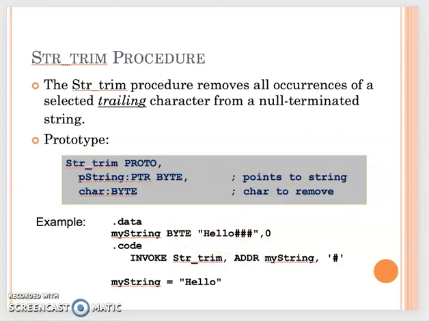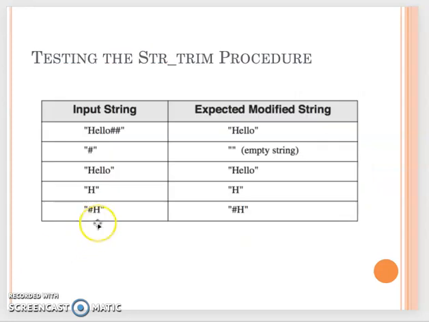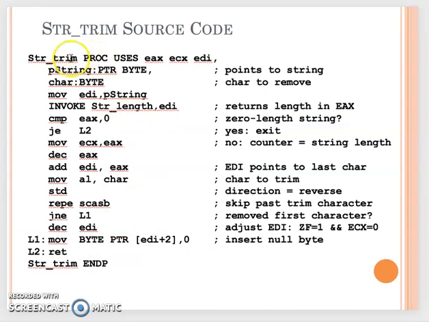Okay, sounds good, right? So let's continue to see how we should implement it. And that's all the cases we talked about. You can see if you only have a hashtag, you become the empty string. Otherwise, you see they don't change at all.